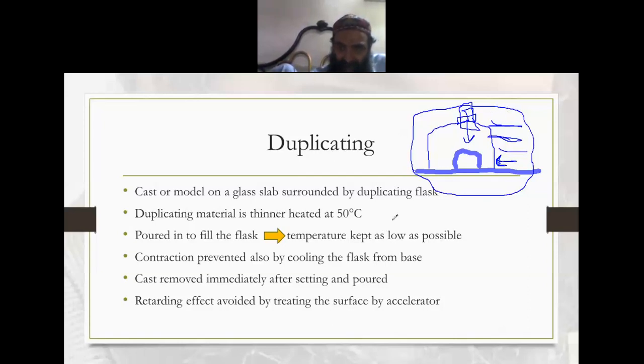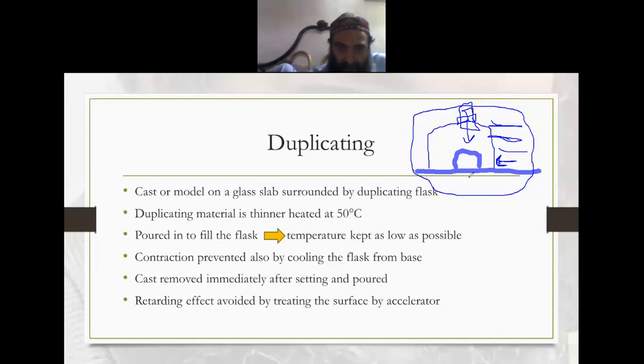Now the cast is removed immediately after setting of the poured material. All the material sets around this cast, and when we open this flask, the denture or model can be retrieved.